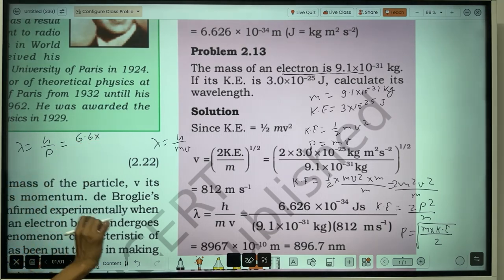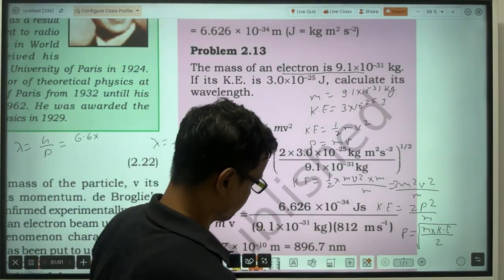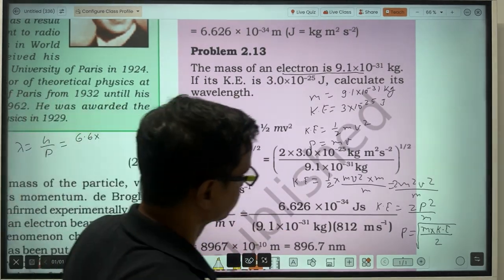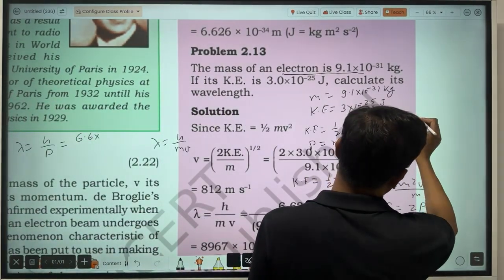That will be equal to 6.6 into 10 to the power minus 34 upon p. You can calculate p directly here.